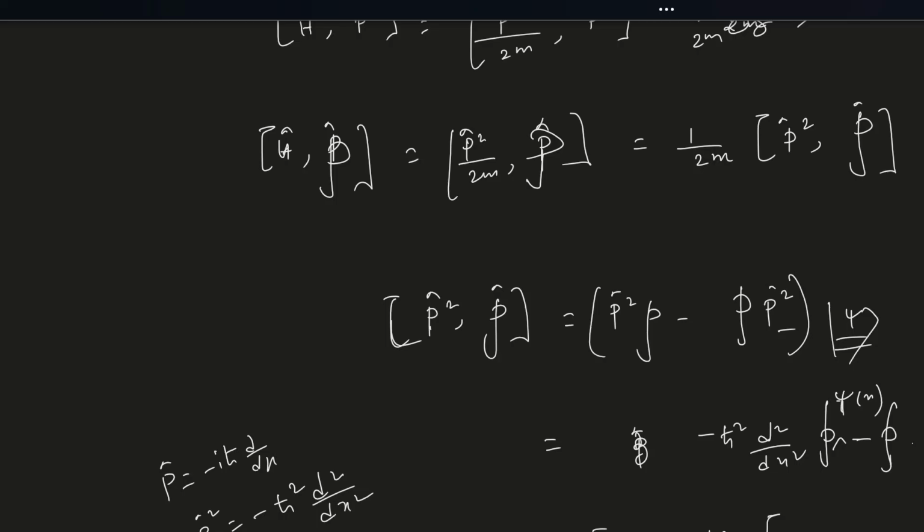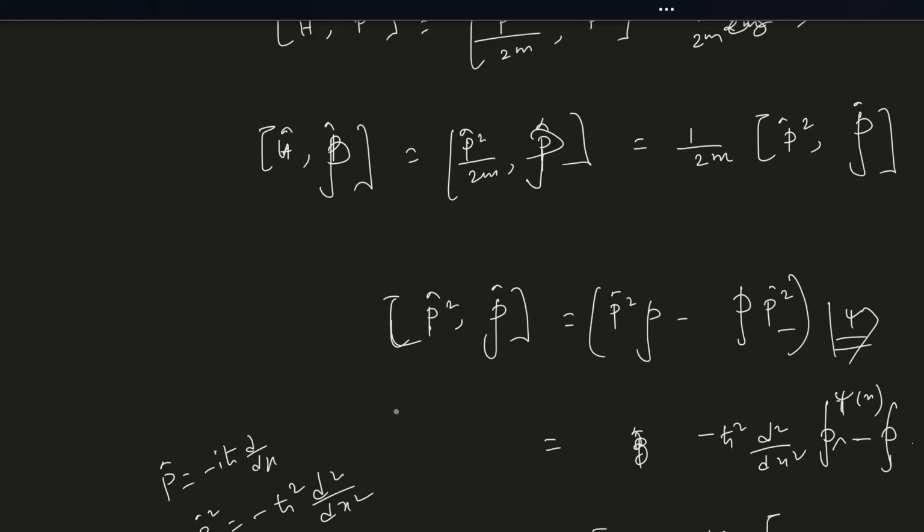So once you take the double derivative on psi of minus x, you will get another psi double prime of minus x, and this is also psi double prime of minus x. So this is basically 0.